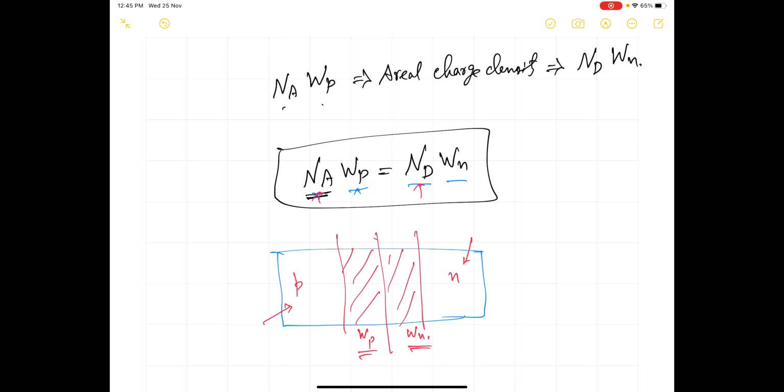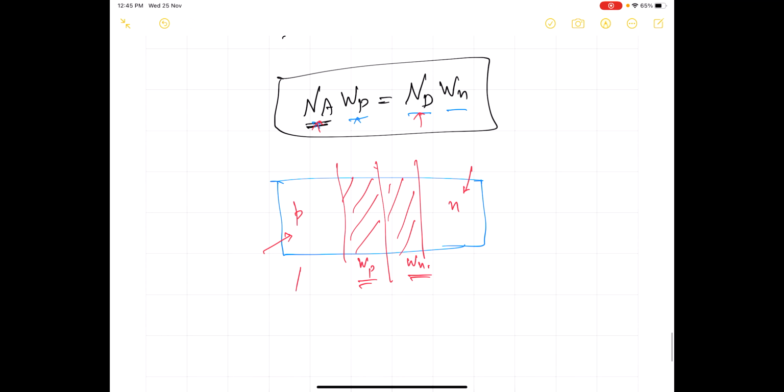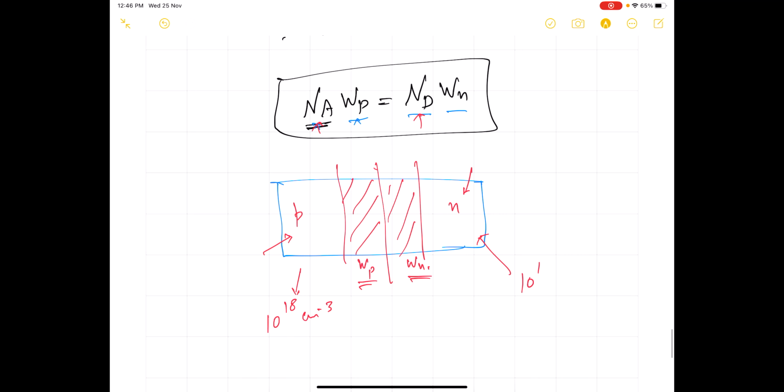Let's consider, for example, a heavily p-type doped case. The p-type carrier concentration is, let's say, 10 to the power 18 per cubic centimeter, and a very low doping in the n-type, let's say 10 to the power 15. There is a three order of magnitude difference.